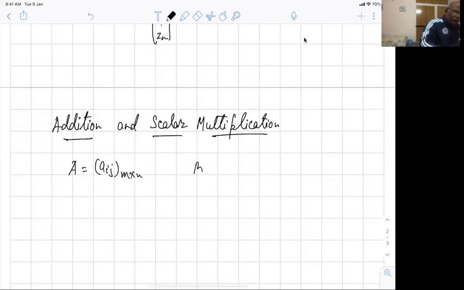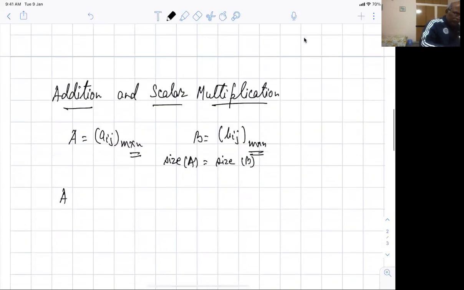Take another matrix B, which is Bij, but the size is the same. That's important: m cross n, m cross n. The size of A should be the same as the size of B. Then we can talk of A plus B. Then A plus B is nothing but Aij plus Bij.